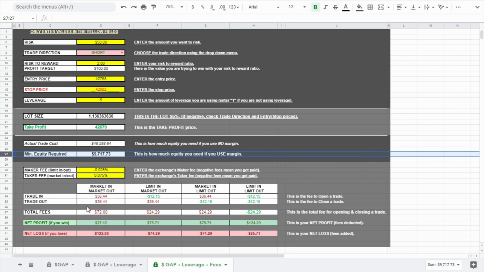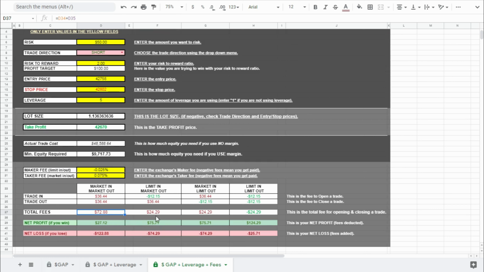Now let's look at the fees. We're still risking $50, but if we are a market in, market out trader, it's going to cost us $72.88 to trade before even making or losing money.